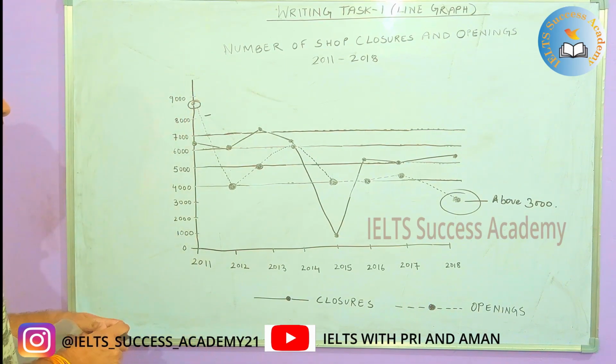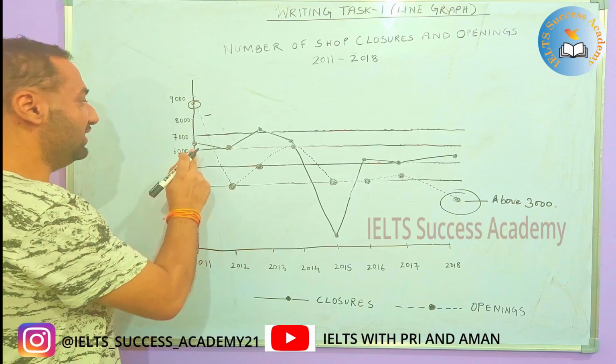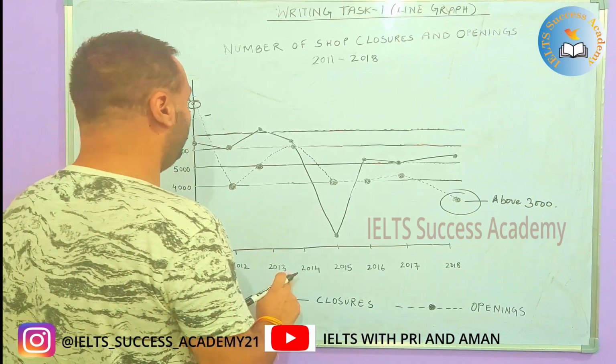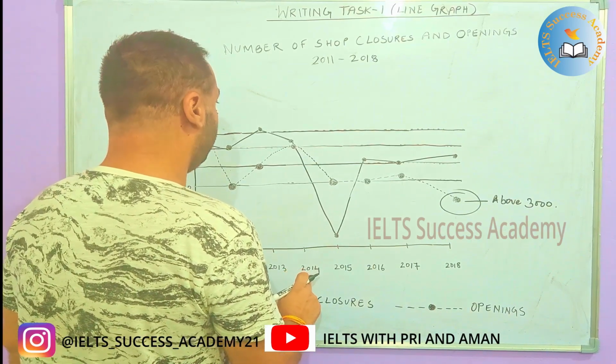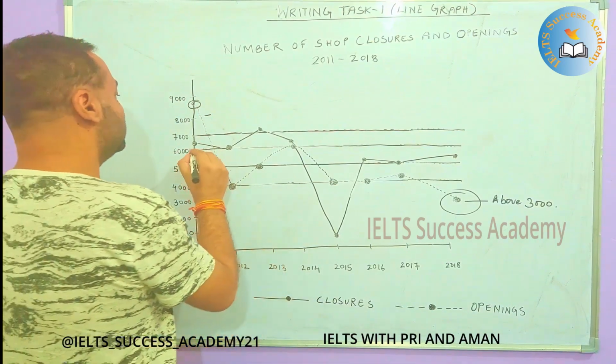Now let's look at the number of shops that were closed. So in terms of closures, we can see between the years 2011 to 2014, there were minor fluctuations.